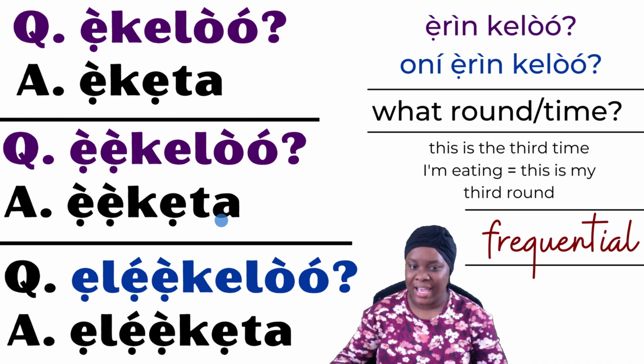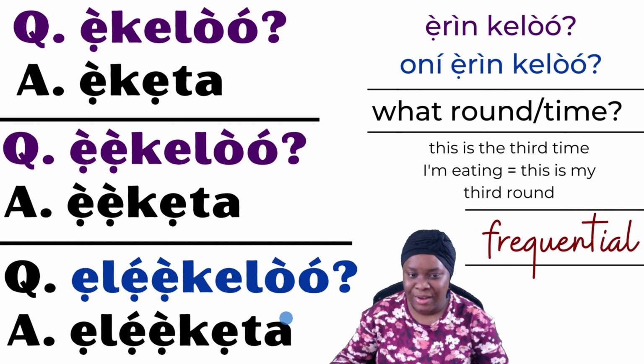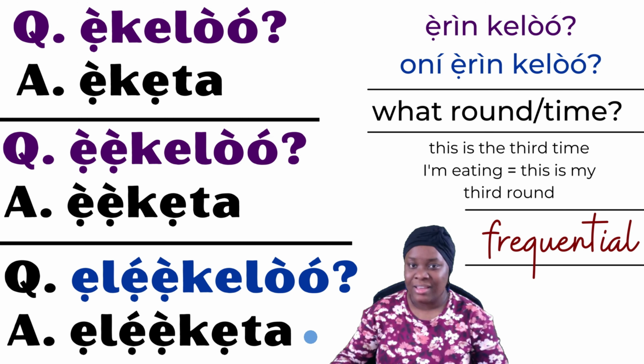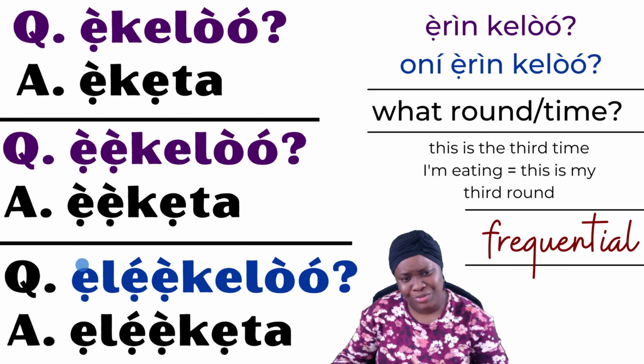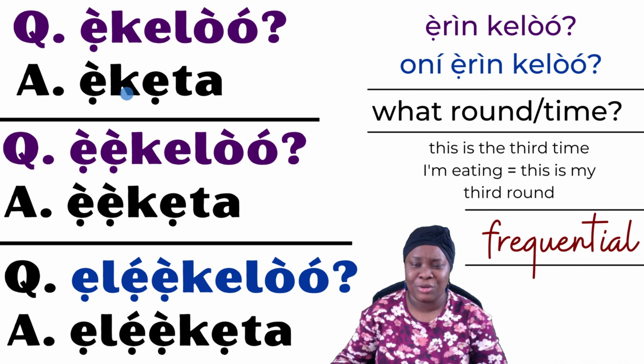Ekelo, you say eketa. Elekelo, eleketa. It really depends. But sometimes somebody would say ekelo lele, and you could say eleketa. There's no specific rule book that says you cannot do it that way, but typically people will just go with the order of the question.